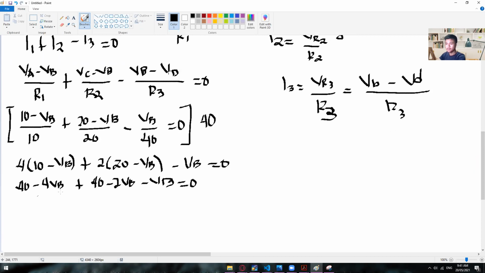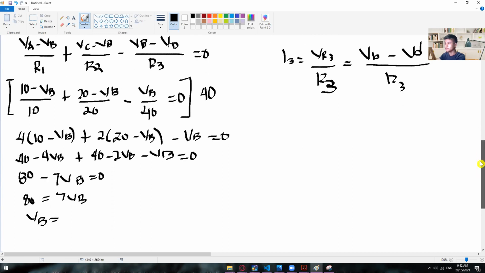And then from here, you can now add similar terms. 40 and 40, both positive, will give us 80. And then minus 4VB, minus 2VB and minus 1VB, which will give us negative 7VB is equal to 0. From here, you can transpose this to the other side: 80 equals 7VB, and then you can solve for the value of VB.